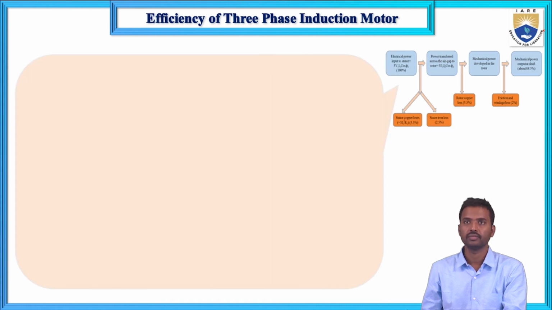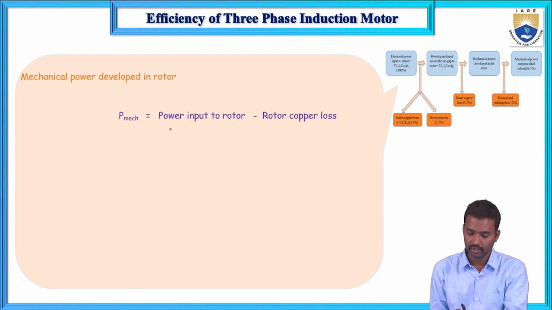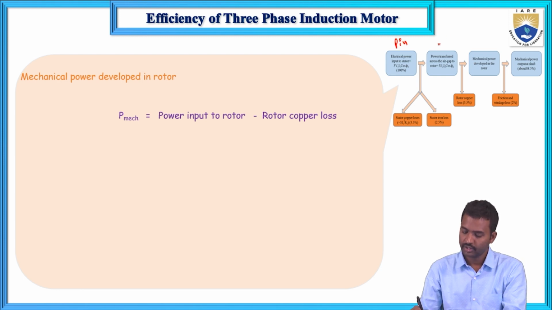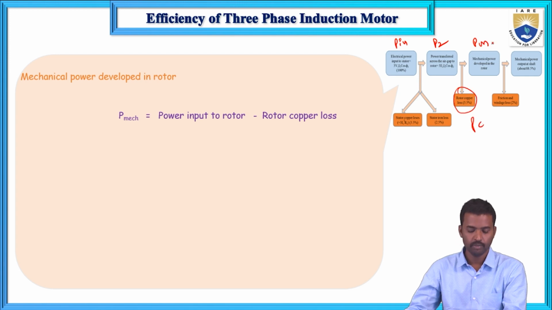Next, the mechanical power developed in the rotor, P mechanical, equals P2 minus the rotor copper losses PC, and this is the PM.